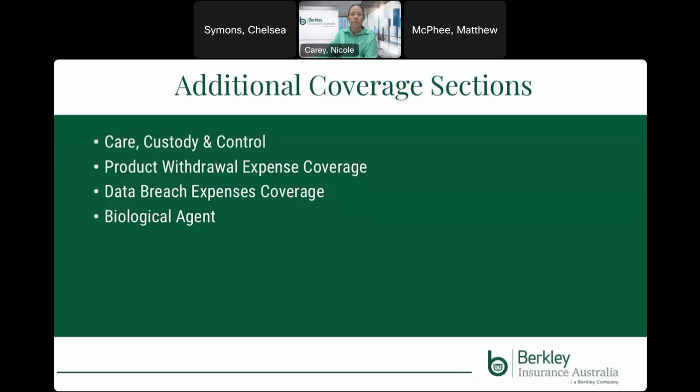Product withdrawal expenses. So it's an expenses coverage, and it's expenses associated with a class 1 product recall. The product recall in relation to this one can be taken on a voluntary basis by the insured or as required by a government entity. So if it's a government ordered product recall, that's fine.